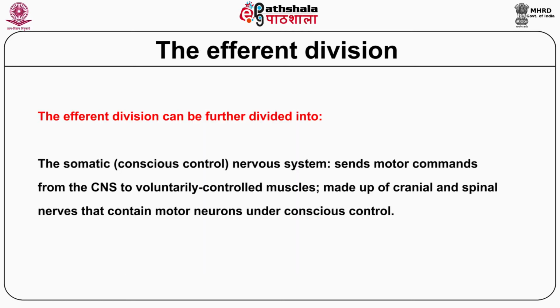The efferent division can be further divided into the somatic nervous system and the autonomic nervous system. The somatic, or conscious control, nervous system sends motor commands from the central nervous system to voluntary control muscles. It is made up of cranial and spinal nerves that contain motor neurons under conscious control.